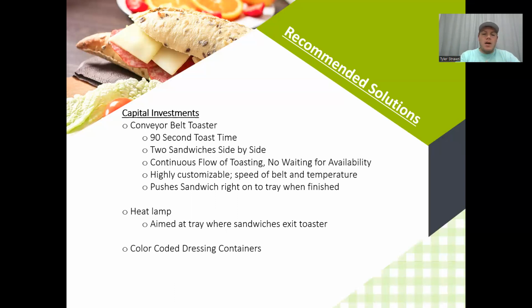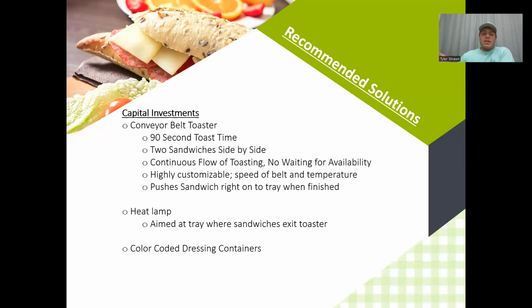So this almost fully automates the toaster process, with the exception of putting the sandwich on the toaster. We don't have to worry about that burning or undercooking as we're able to customize it. It will simply push that sandwich right out onto the tray. And the most common complaint for scrap sandwiches is being cold.